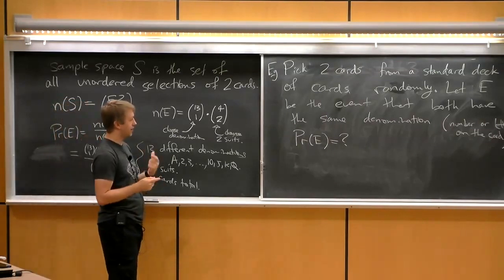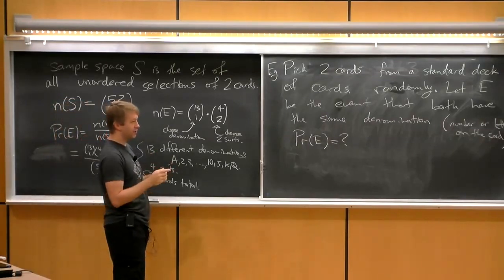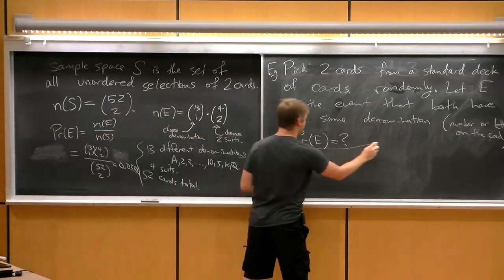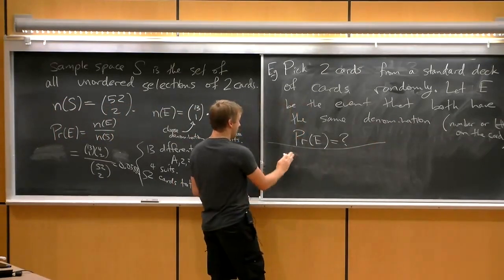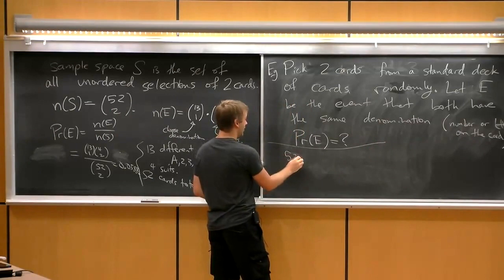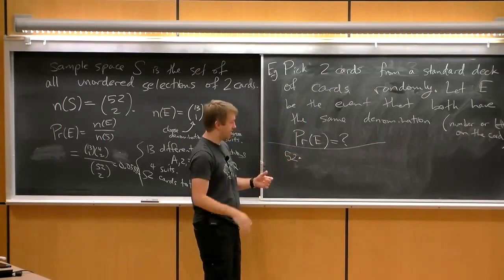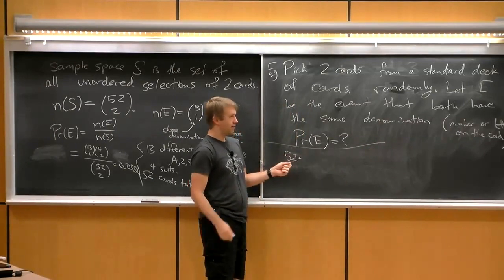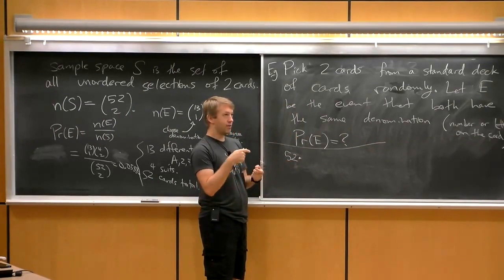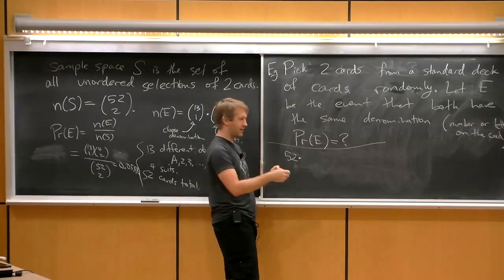If you take away that factorial thing, there's 52 choices for the first card, and then once I've chosen the first card, there's 3 ways to choose the other card to match the denomination.